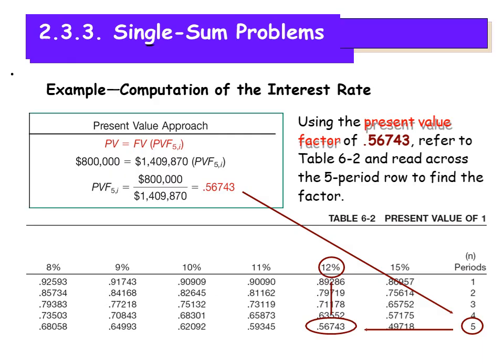Then using the present value factor of 0.5674, refer to table 1, read across the 5-period row. We can get it at 12%. On the 12% rate, we can get our factor. Then our interest rate is 12%.